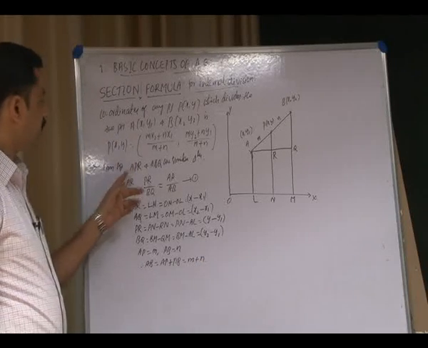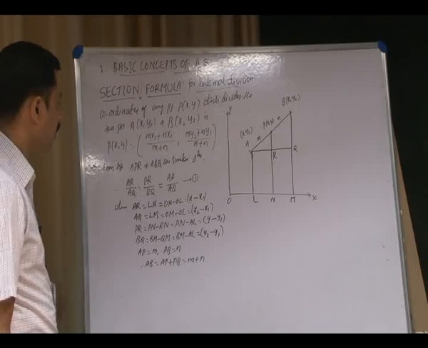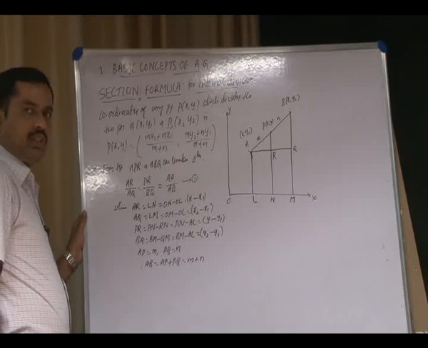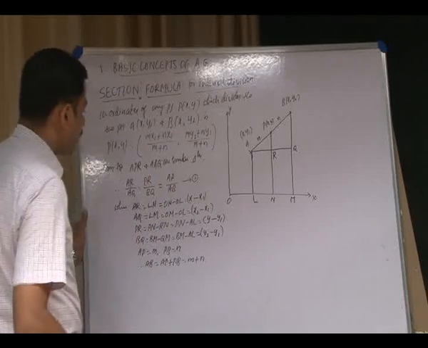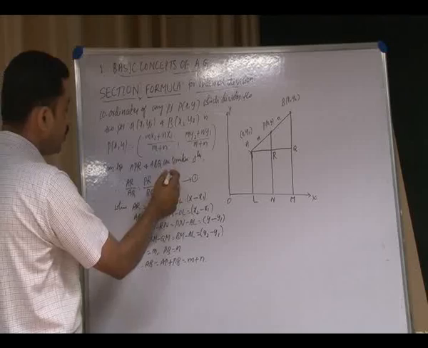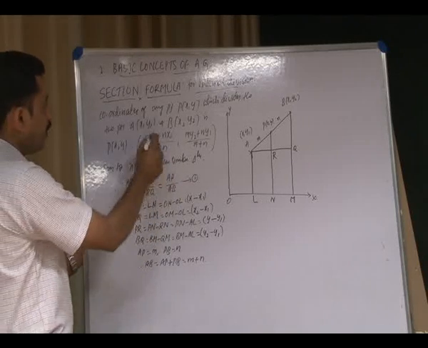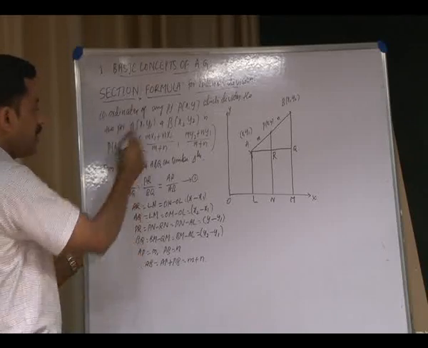So I have expressed all these distances in terms of coordinates and the ratio m is to n. Then from equation 1, I will consider the ratio AR divided by AQ is equal to AP divided by AB to derive the x coordinate of point P.